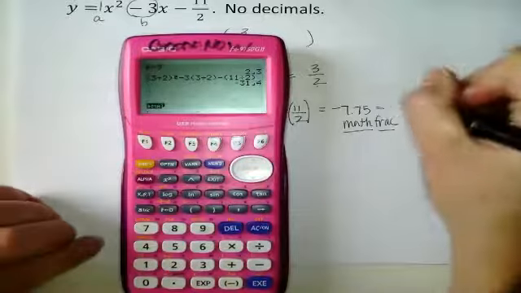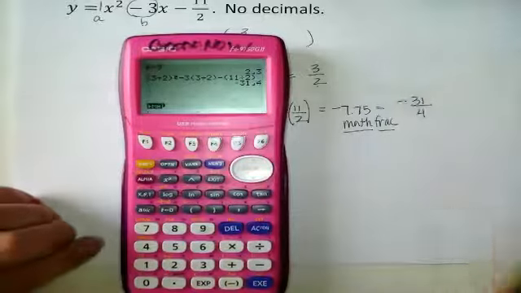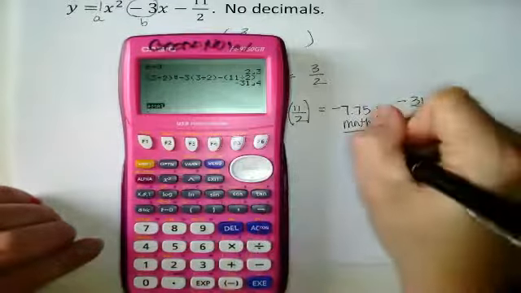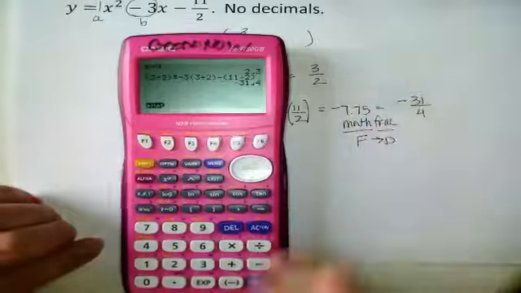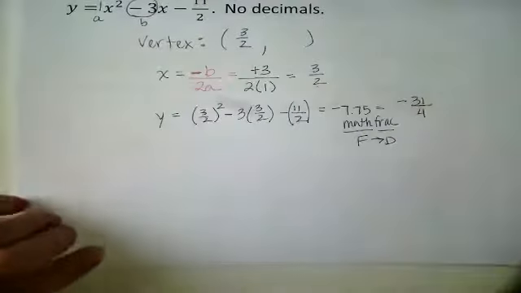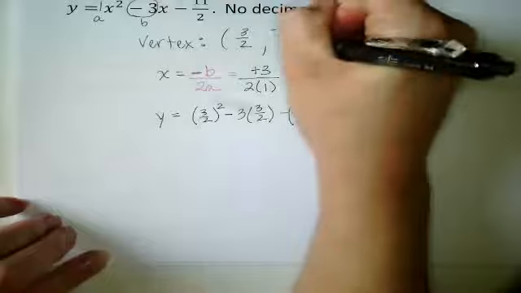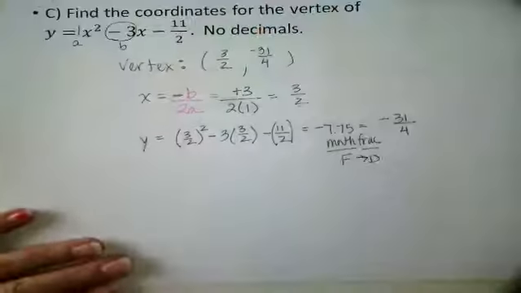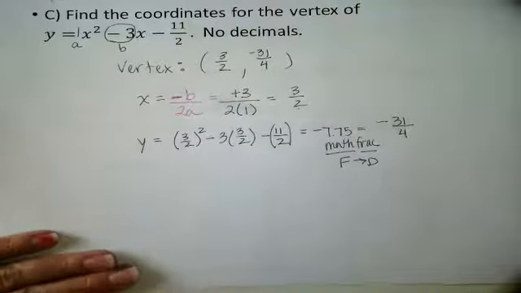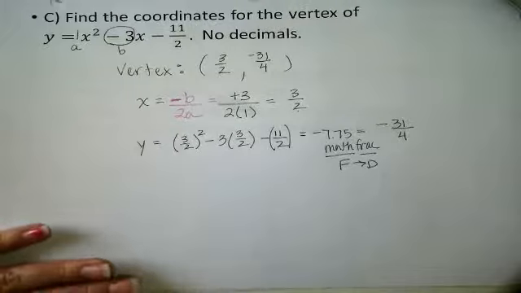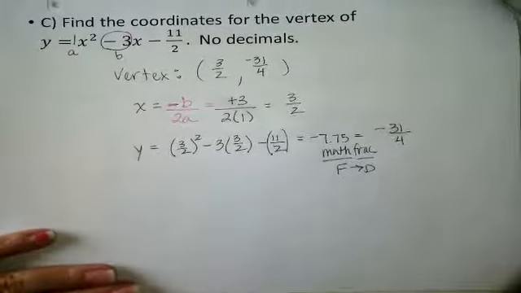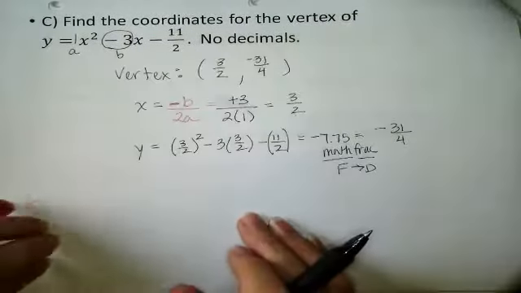And we see that it equals negative 31/4. So fraction to decimal or math frac. So we get the y value of negative 31/4. This is all great stuff, really easy to do using your calculator. So don't be scared of decimals for sure.